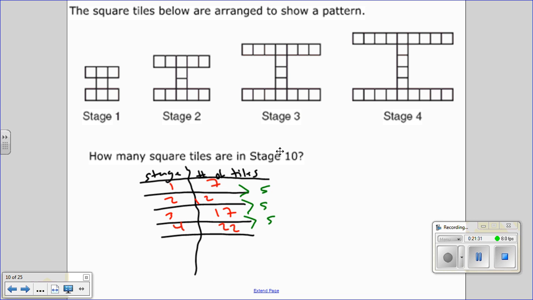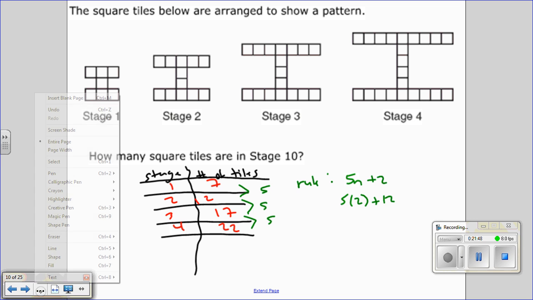Or the rule is take 5 times the stage number and then plus 2. So for example, 5 times stage 2 plus 2 is equal to 12.